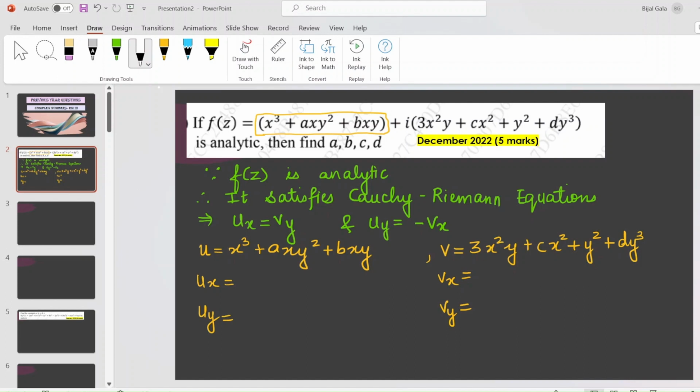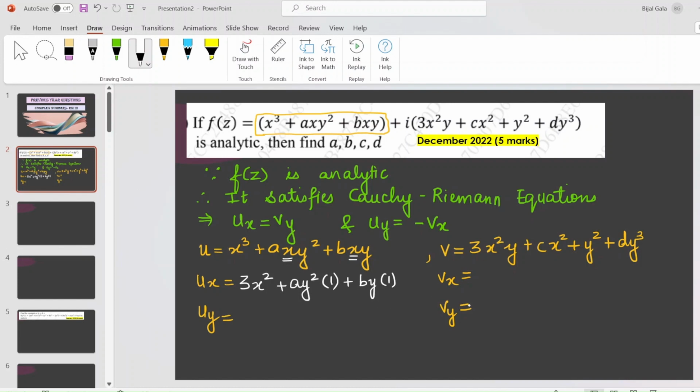So let's understand this with the help of this example. Because x is a variable, the derivative of x cubed will be, by the normal formula, 3x squared. The second term, x is multiplied by ay squared. So ay squared is a constant multiplied by the derivative of x, which is 1. Here again I have a multiplication by x. By is a constant, multiplied by the derivative of x, which is 1.